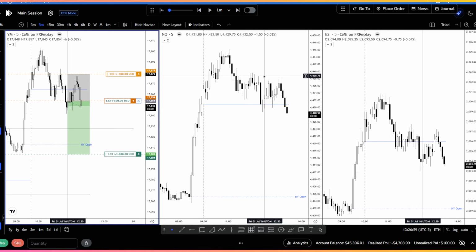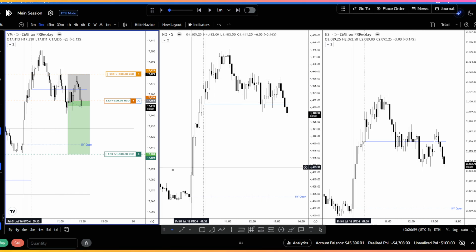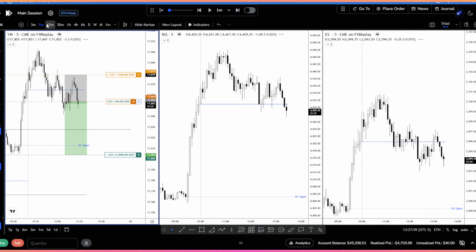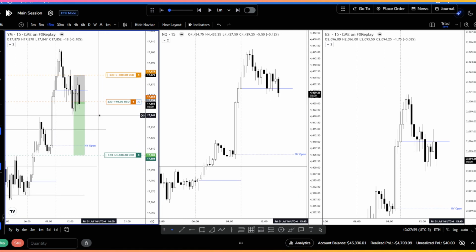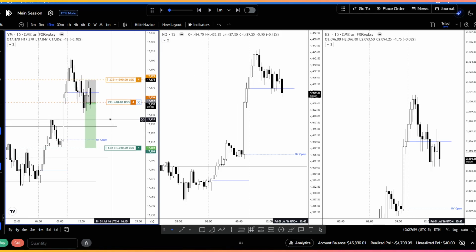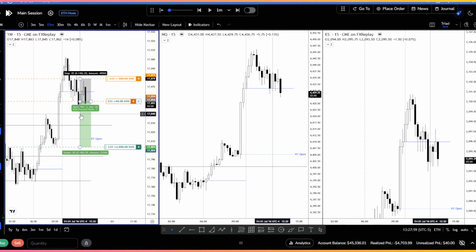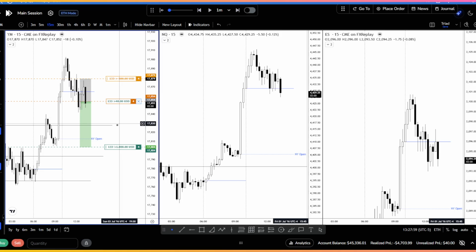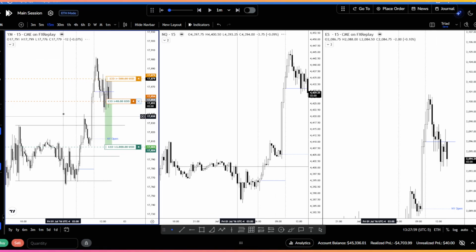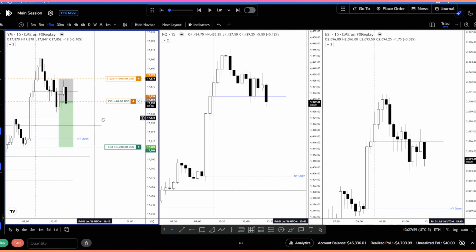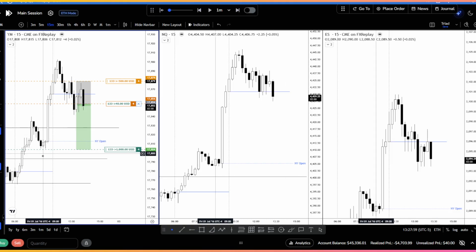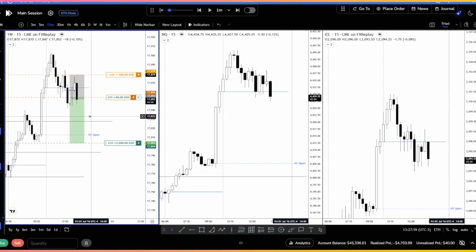Any SMT at the highs? Not really. But I don't really want to trade this anymore because it's like a new phase of price, and it's consolidating and not really expanding to the downside.